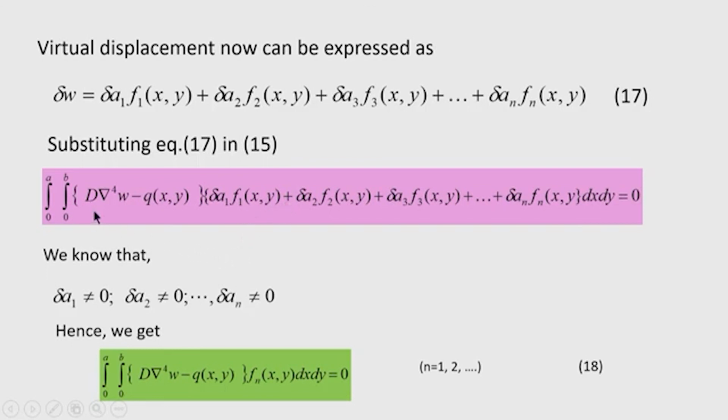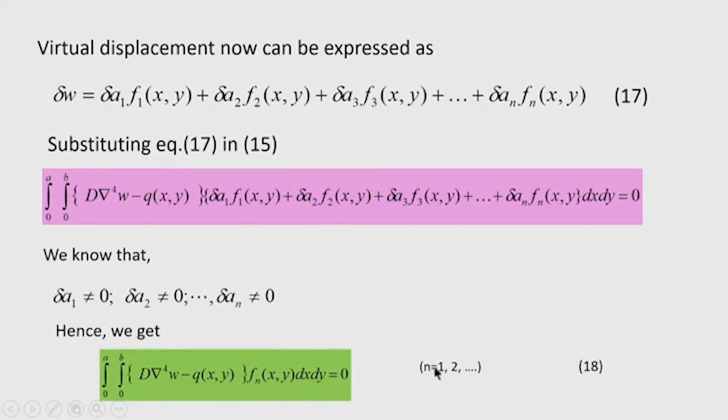Then again we will get (D del 4 w minus q(x,y)) into f2(x,y) equal to 0. Then again (D del 4 w minus q(x,y)) f3(x,y). Of course, integration has to be done in all other expressions, equal to 0, like that we will get. So, for a general term, say n number of terms, we get this expression: integral of (D del 4 w minus q(x,y)) into f n(x,y) dx dy equal to 0.